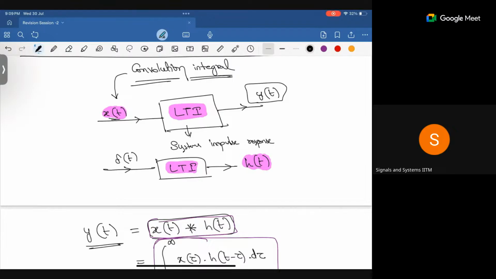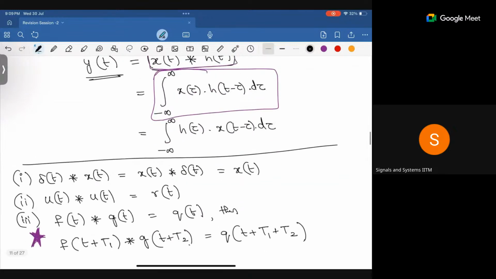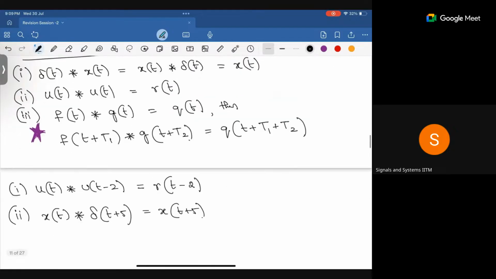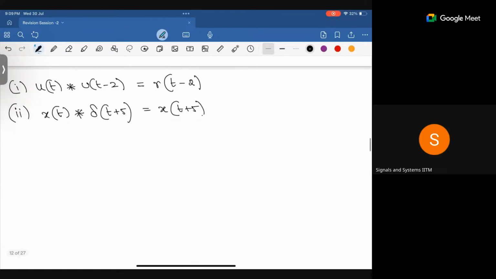One is, given the impulse response and the input, you should know how to compute the output. Computing the output is just the convolution between the input and the impulse response, which means computing this integral. Then you should know these properties to simplify big expressions.